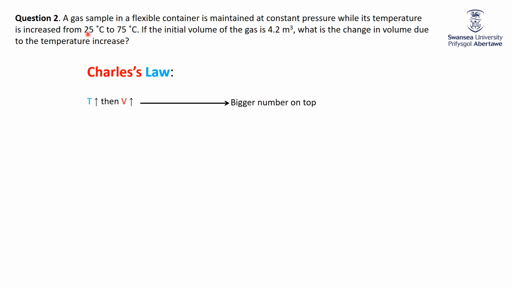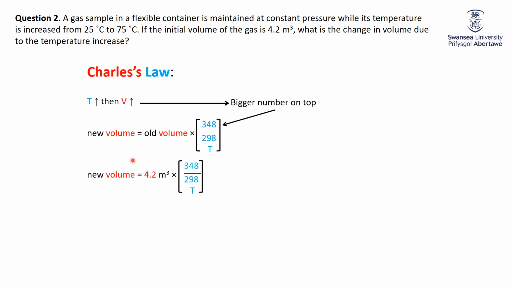And of course, it's not 25 and 75 Celsius, but it is 298 and 348 Kelvin. So the new volume will be the old volume multiplied by the ratio with the bigger number on top, 348 over 298. Pop in, the old volume was 4.2 cubic meters, so the new volume is going to be 4.2 times 348 over 298, which is 4.9 cubic meters.